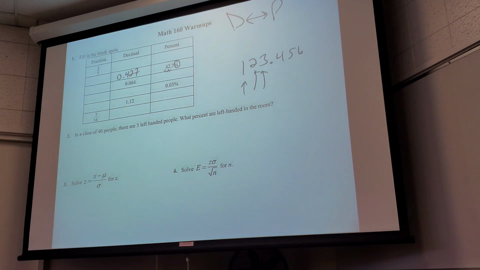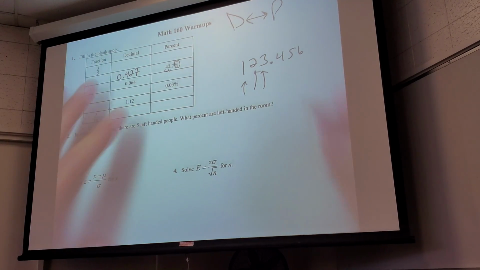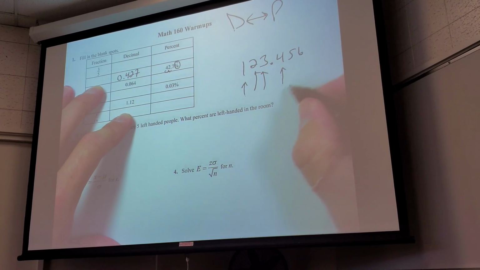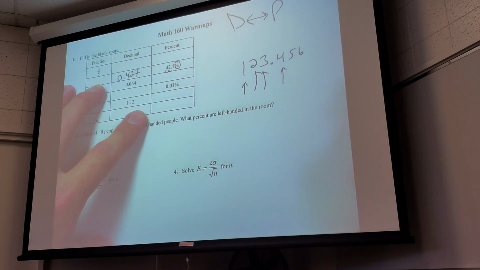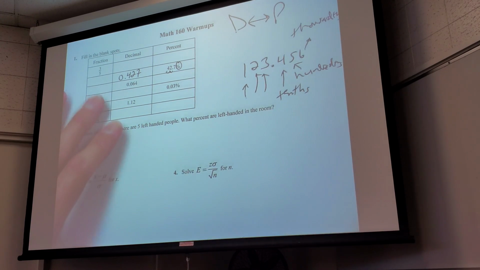Every time I take a step, it's divided by 10. So of course, if I keep going, this is the tenths, right? Divide 1 by 10 and I get tenths, hundredths. I can spell. Thousandths. You can sound like you have a lisp.